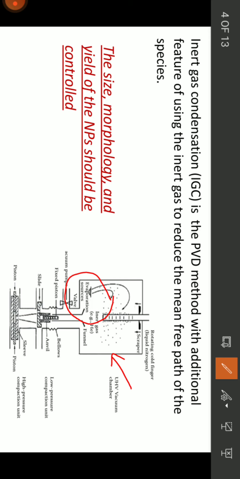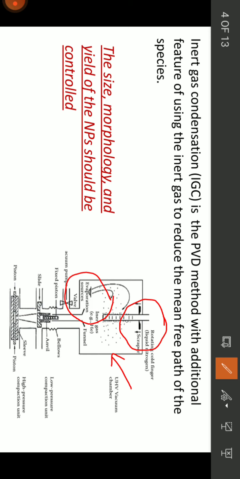Then the clusters in the condensing gas are transported by convective flow to a vertical cold finger surface filled with liquid nitrogen. So this finger surface is filled with liquid nitrogen, where the agglomeration or condensation is taking place.